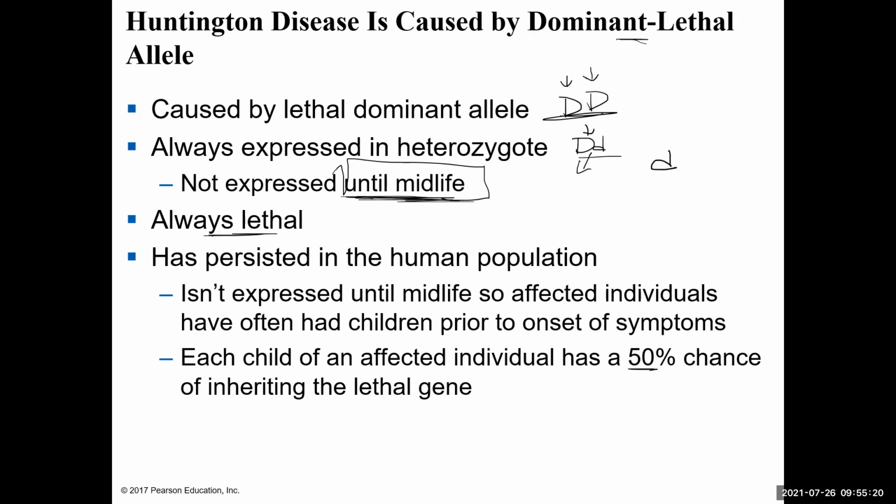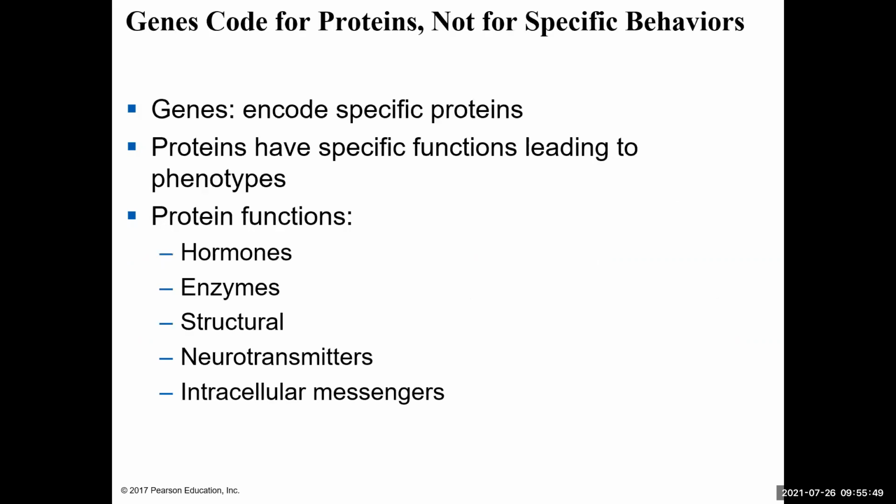If it was recessive, it would need both recessive alleles. But since it's a dominant disease, it only needs that one dominant allele to be passed on by the parent. So if the mother passed on the recessive allele and the father passed on the dominant allele, it really wouldn't matter what the other is in terms of being affected by the disease.